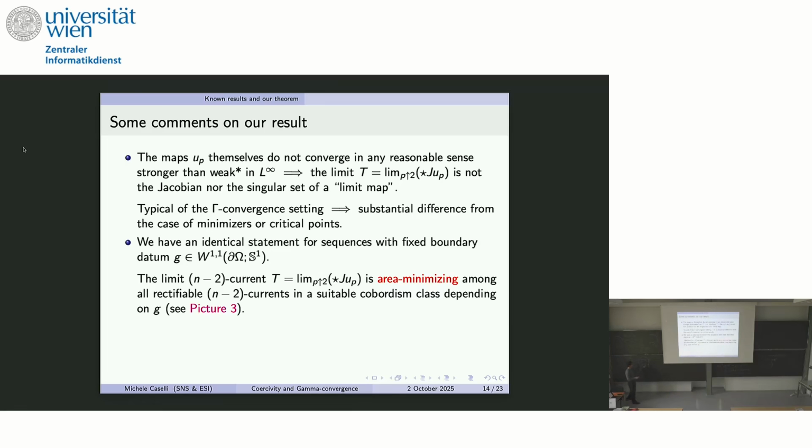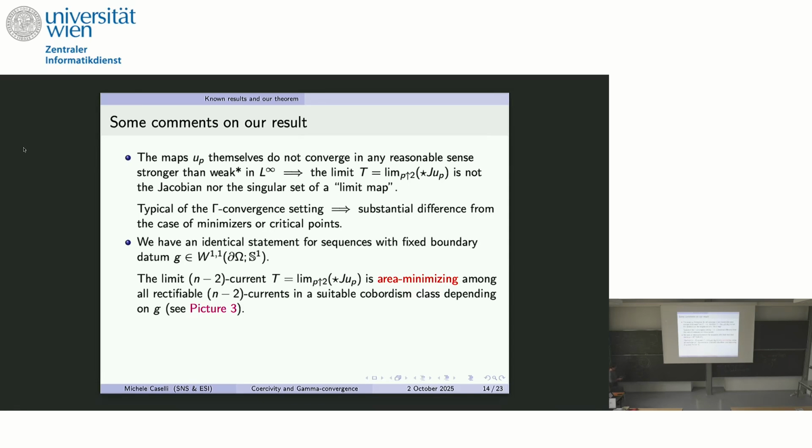So you have a vortex here, right? And then I just define G1 to be U1 restricted to the boundary. Now instead consider U2 that goes from the torus to S1 and define G2 as U2 restricted to the boundary.